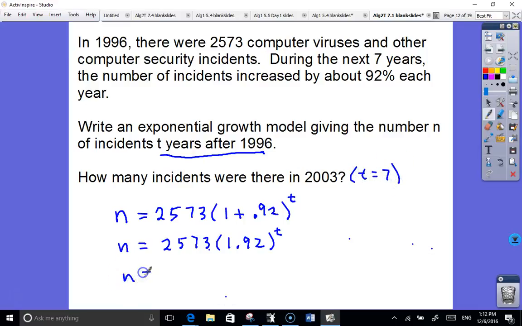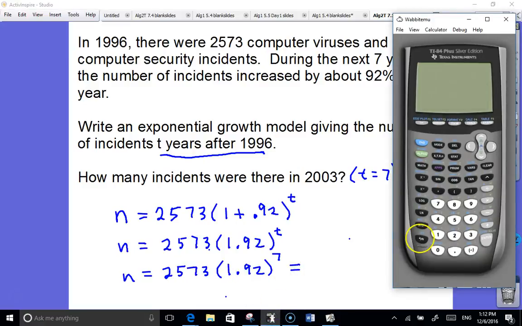N equals 2,573 times 1.92 to the 7th. Right? And that you can just put in the calculator. 2,573 times 1.92 to the 7th. 247,000.